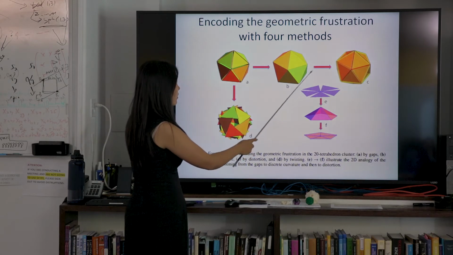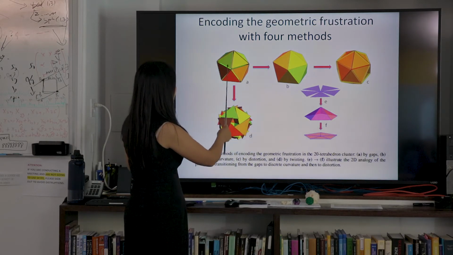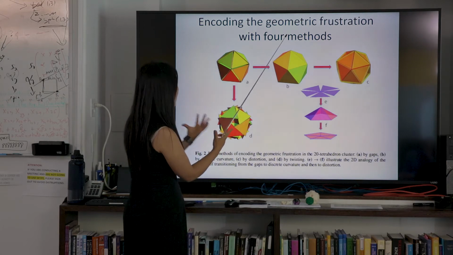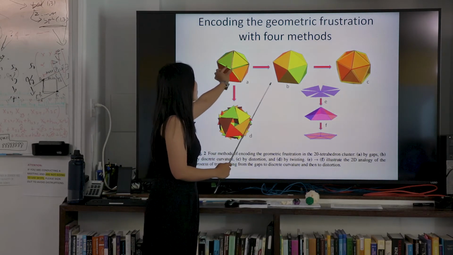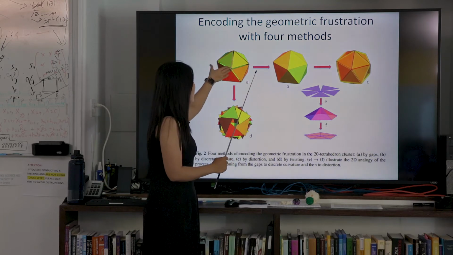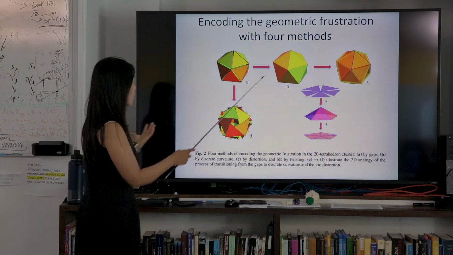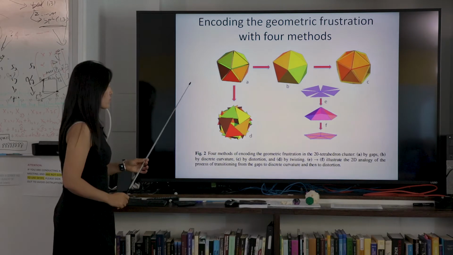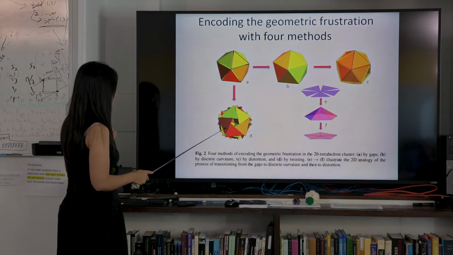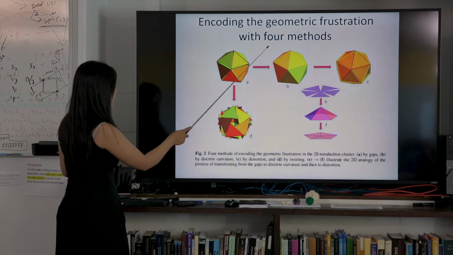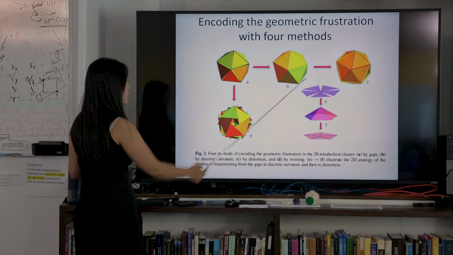Since the regular ones do not fill the space, you just make them irregular, shrinking the inner edges so that these meet. So that's another method. So: gaps, twisting, that's by discrete curvature, and that's by distortion.